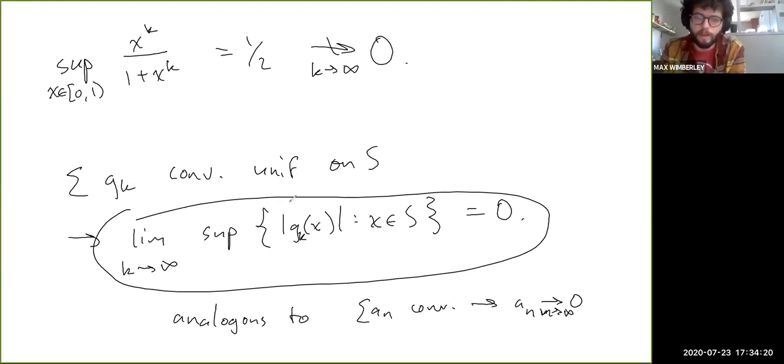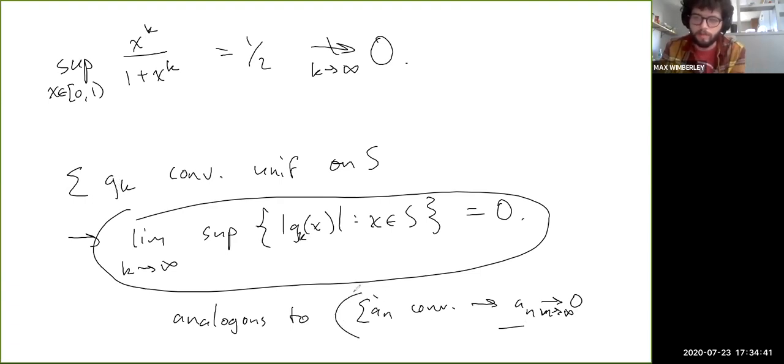So this is the analogy for a series of functions. Of course, if you fix a value of x and take the series of gk of x, if that converges as a series of numbers, then clearly gk of x has to go to 0.